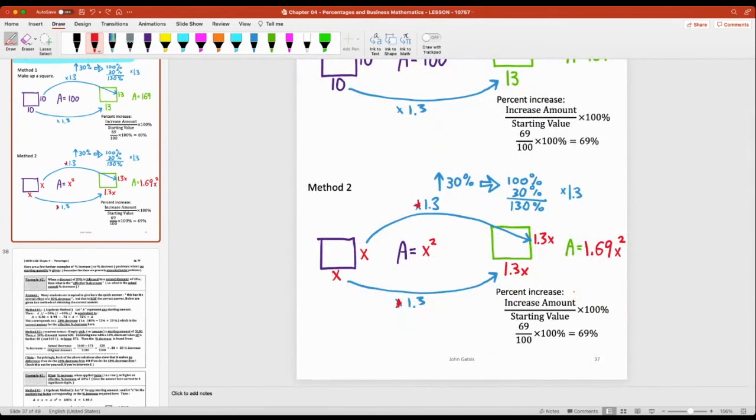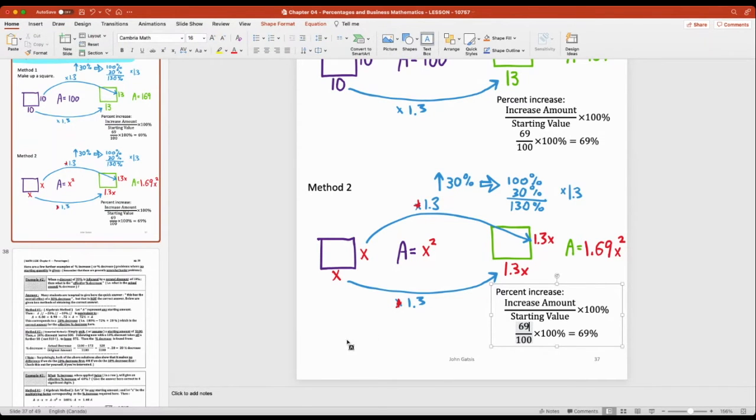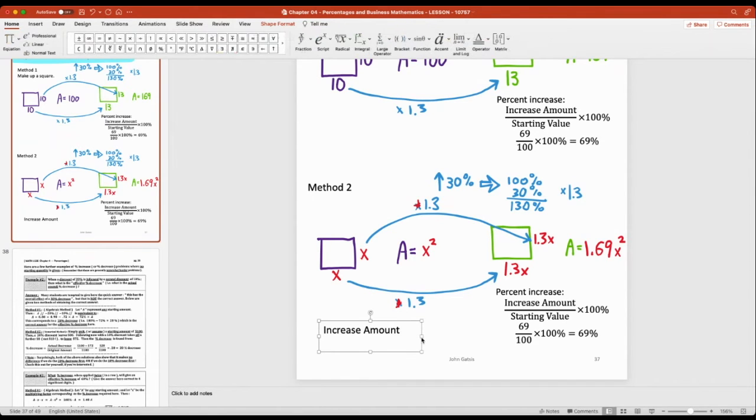Now go back here. You're welcome. Let's go back here now. We have the increase amount. I'm going to type a little bit here because it's just the last piece of the puzzle down here. I know that the increase amount is going to be here. It's the change.